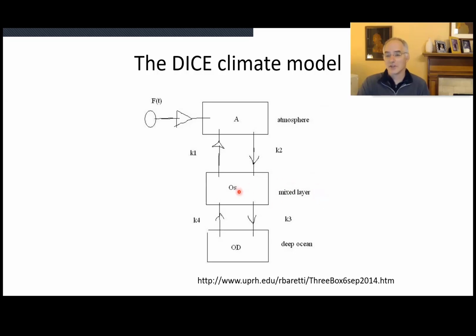Below that, there's the biosphere and the upper oceans. And then at the very bottom, there's the deep oceans. And the idea is that CO2 each period mixes between these 3 layers based on different coefficients. So all the CO2 in one layer has to end up somewhere. It either stays in the layer it started in, or it moves to the one either above or below it.